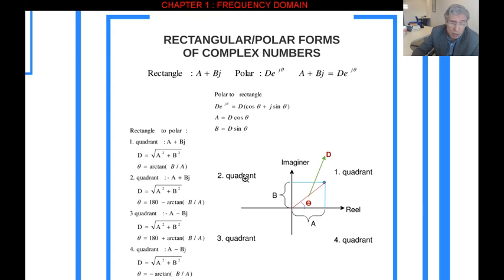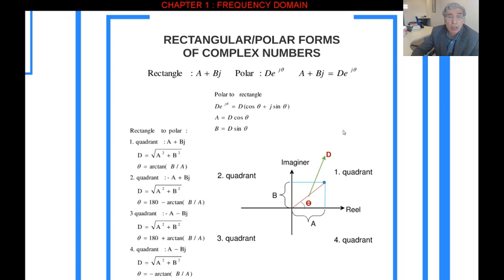If it is in the second quadrant, so your complex number is here, but you have found the theta here, all you have to do is pi minus theta gives you this. So you find arctangent B over A, considering B and A without any sign, and then pi minus theta gives you the polar representation angle of the second quadrant complex number.